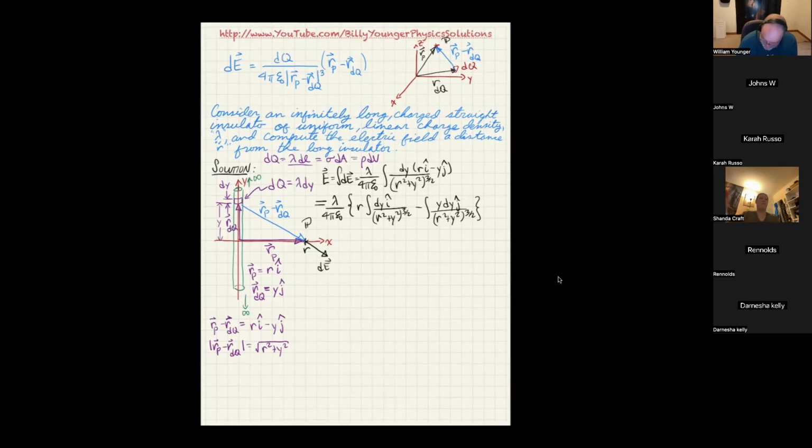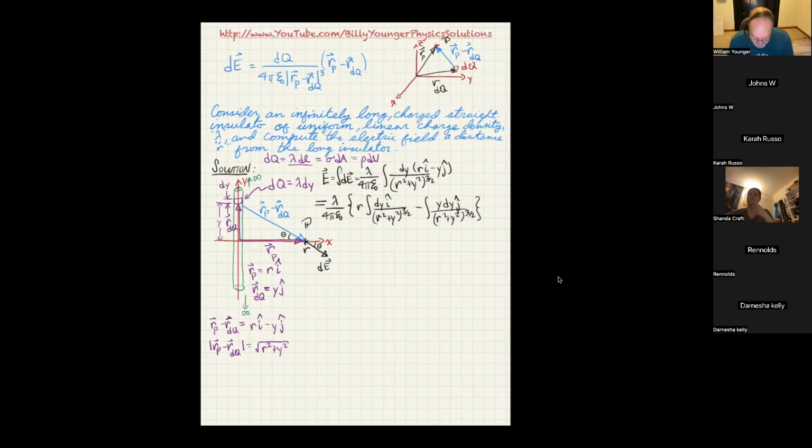That's the dE vector he's talking about. And you would maybe call this angle right here theta, which by the way is the same thing as this angle theta. So that's going to come in handy. But what you might notice is right now that vector dE has an x component that points to the right, and every other dq that we put will always have an x component pointing to the right.